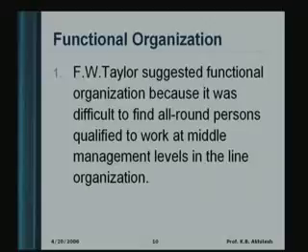But as we are seeing the line organization, people also started seeing another possibility, particularly F.W. Taylor, who suggested another form of organization still known as functional organization, because it was difficult to find all-round persons qualified to work at middle management levels in the line organization. That means the line person had to be a specialist and a generalist, who should know all the different functions within the organization.